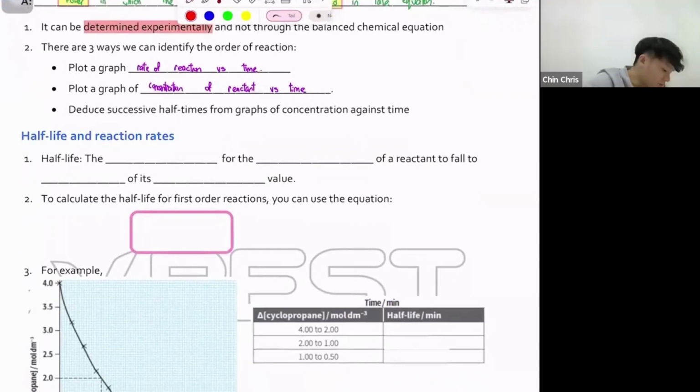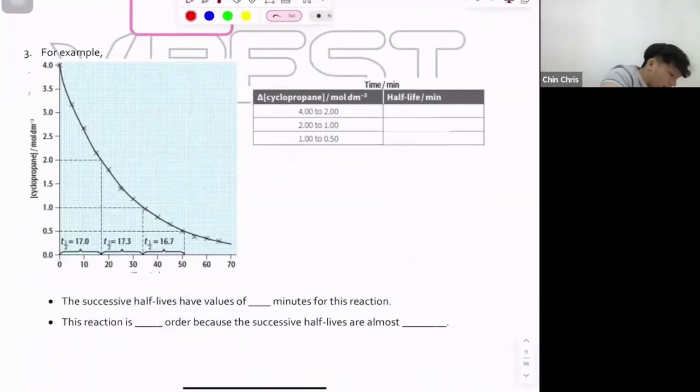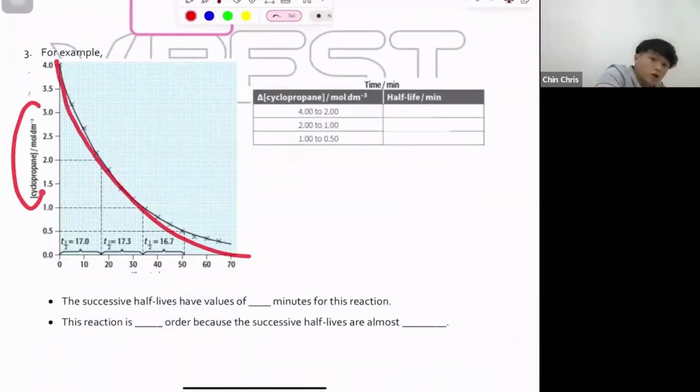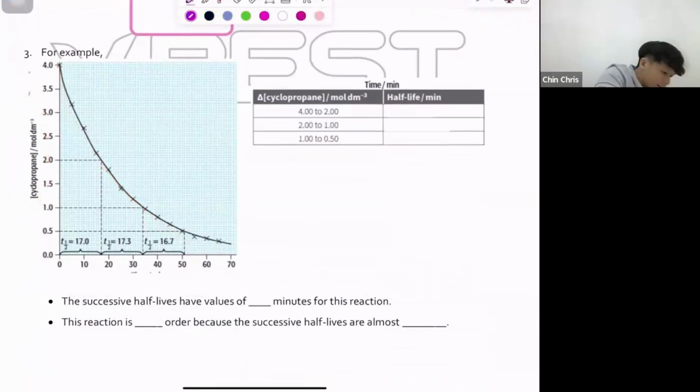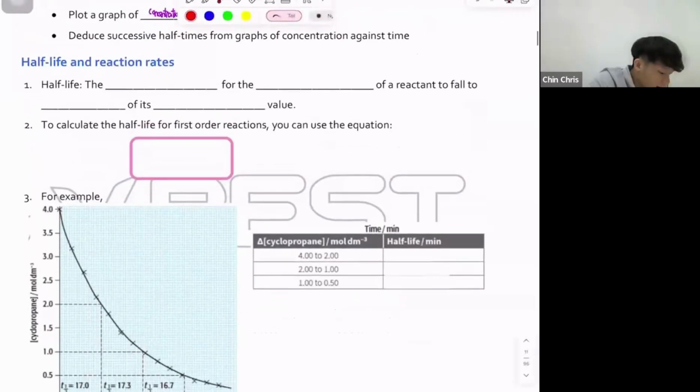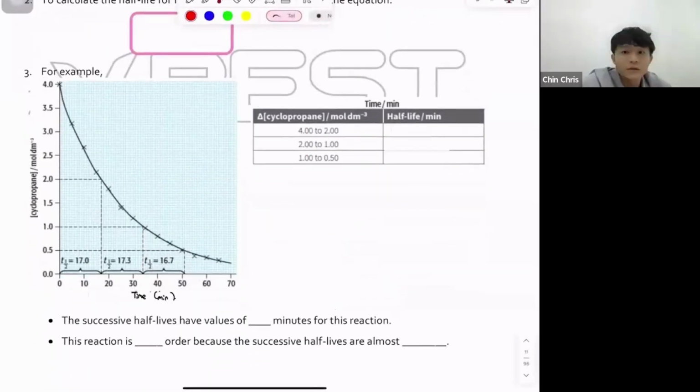This graph is drawn with the concentration of reactant versus time, and time is in minutes. Now what is half-life? You have done physics, so you should know what half-life is.